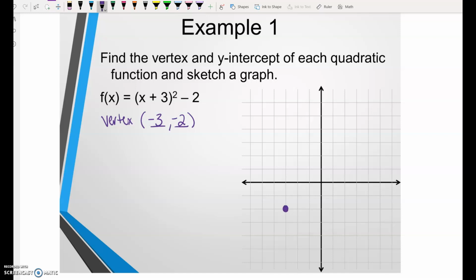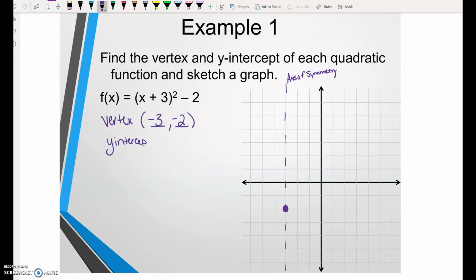So you can plot that point. A quadratic function, a parabola, is symmetrical, and that vertex is that middle point. So we can draw a dashed line straight through that vertex. That is known as the axis of symmetry. It's a symmetry line for the parabola.